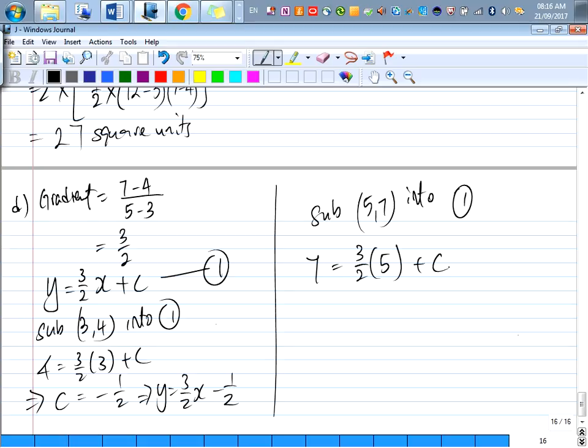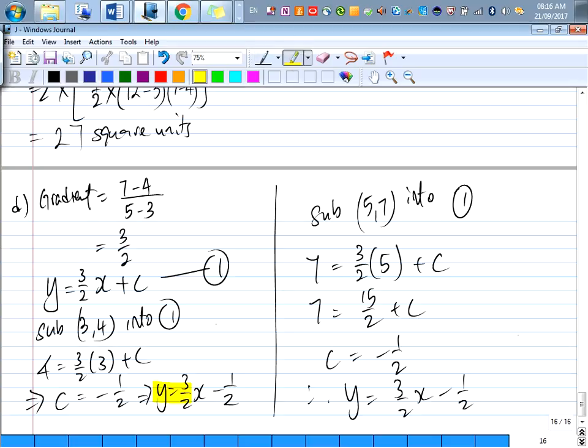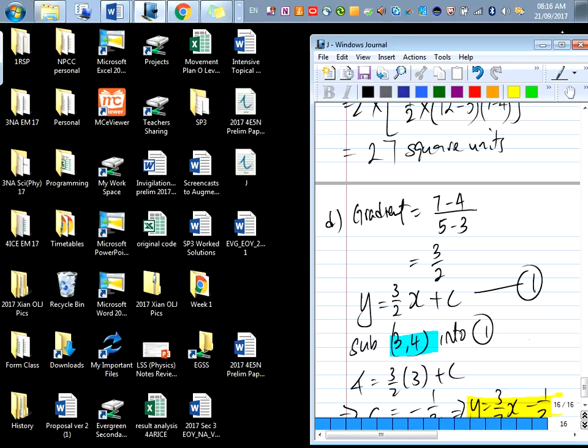And then now I try to find the value of c. I will realize that 7 is equals to 15 over 2 plus c. C equals to negative half again. So I will still get y equals to 3 over 2x minus half. They are the same. Whether you substitute 5, 7 or 3, 4 inside, because they all lie on the same line.